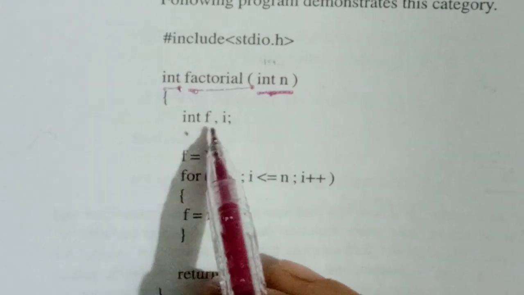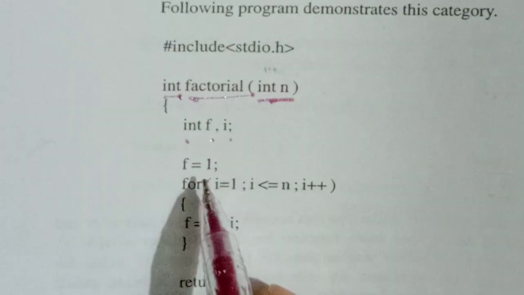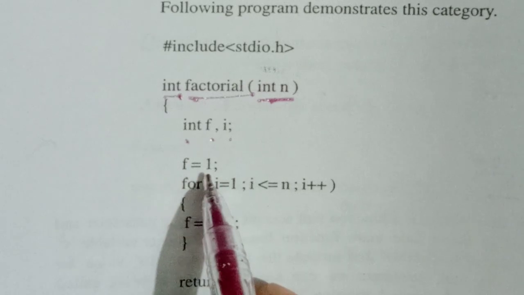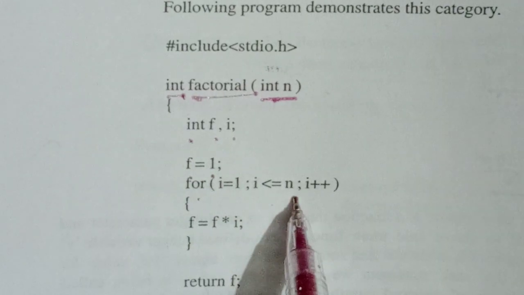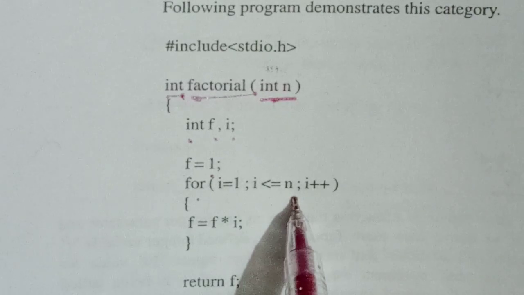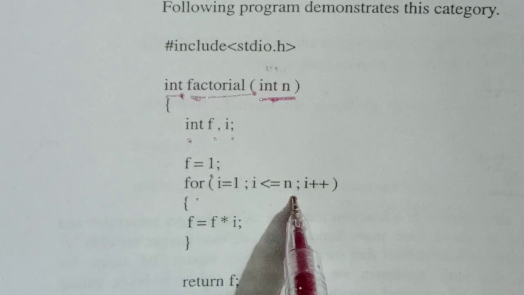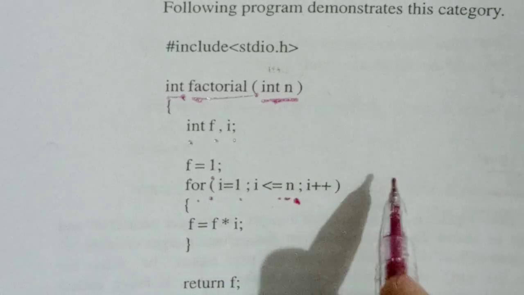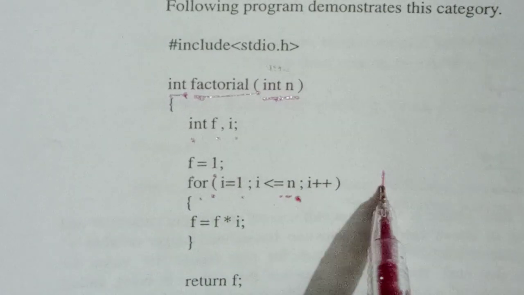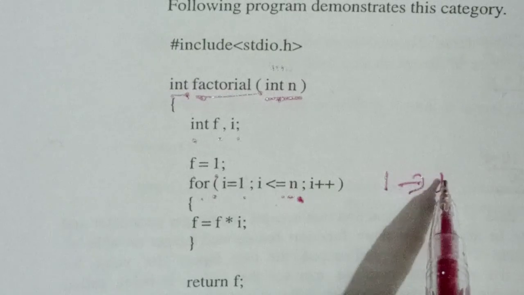Next we declare two variables f and i. Initially we assign f equals 1 and we run a for loop. You know the program for finding factorial, I have already shared it with you. It is the same code: for i equals 1 to n, because we have to multiply the numbers from i up to that number.